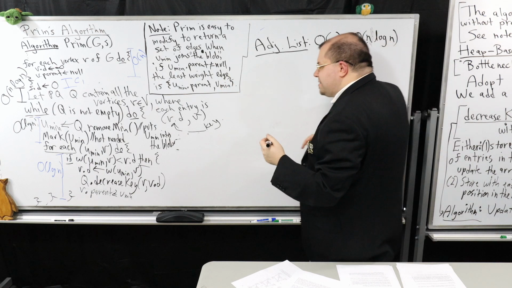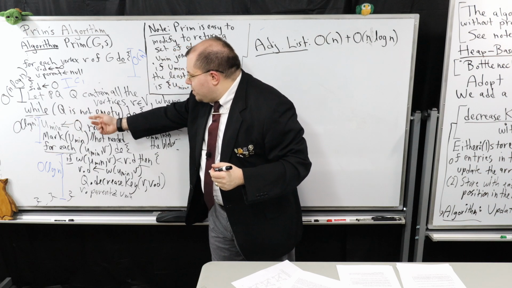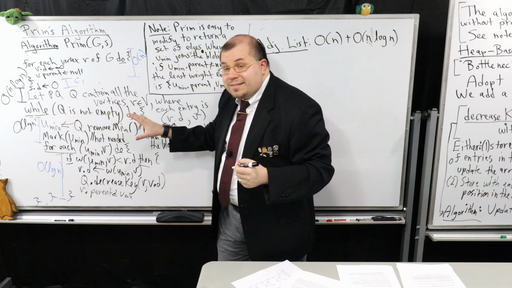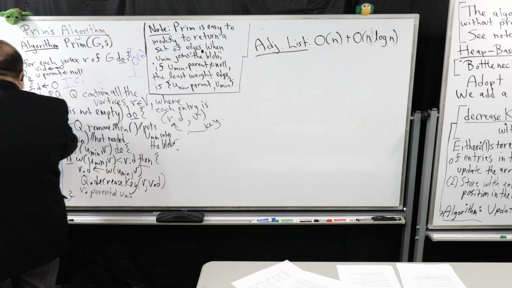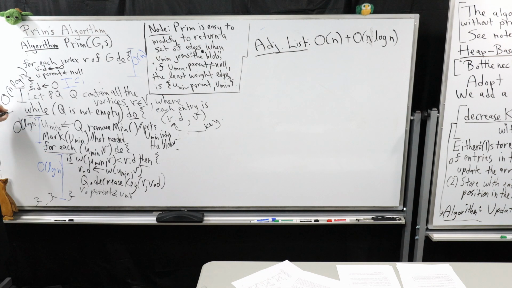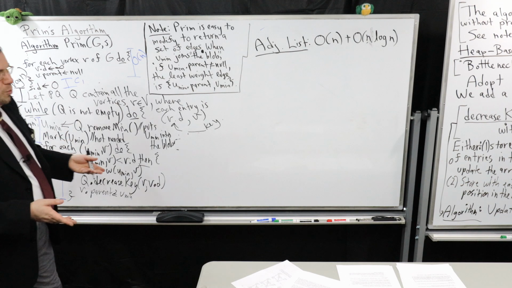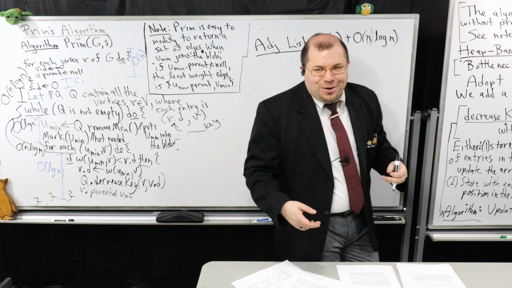We know that this big O of log n is going to happen exactly n times, right? So we know that this part of the while loop, all of this together, is big O of n log n many operations. You're going to see that I'm going to peel open the while loop and I'm going to count specific parts.